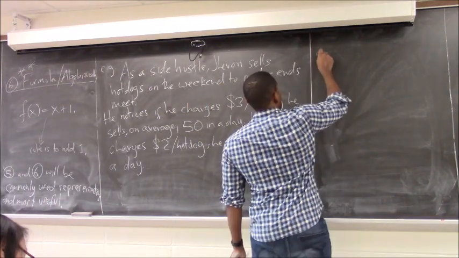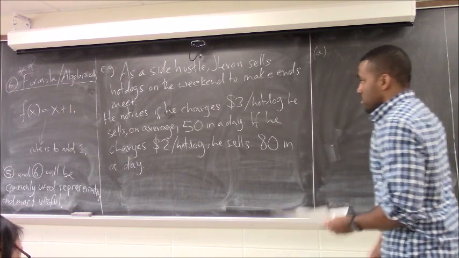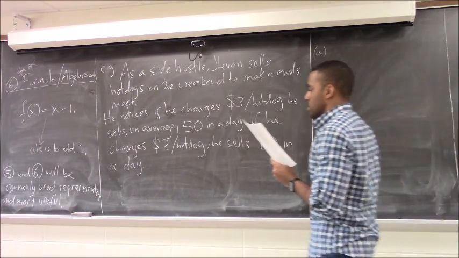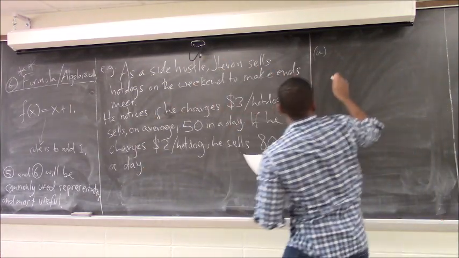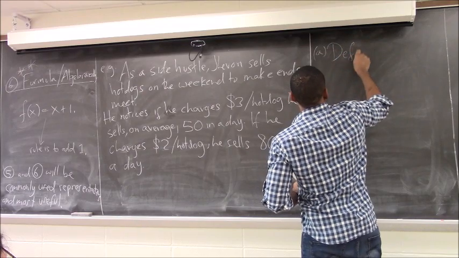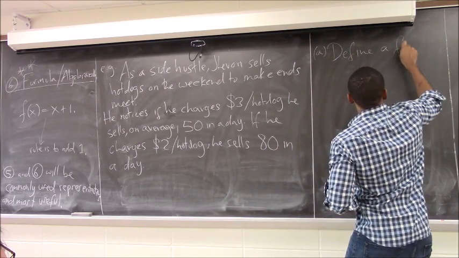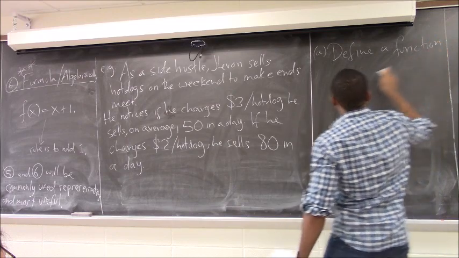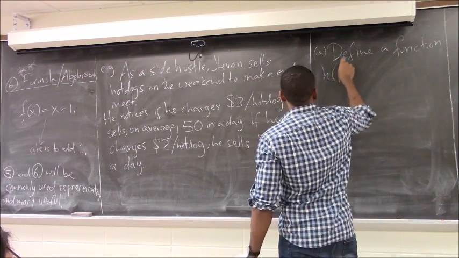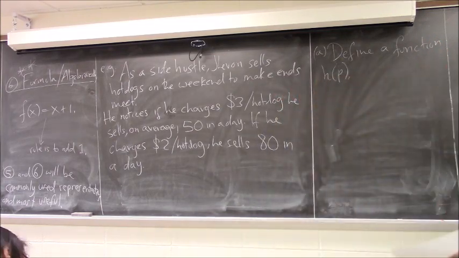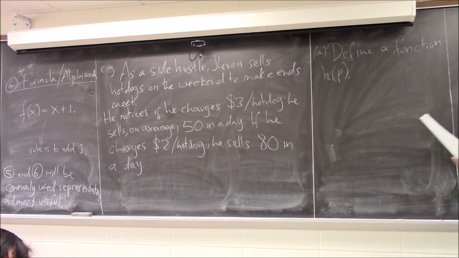Okay, so now A. Define a function which I'm going to call h of p. So again, I don't have to use x and y and f. I can call it whatever.